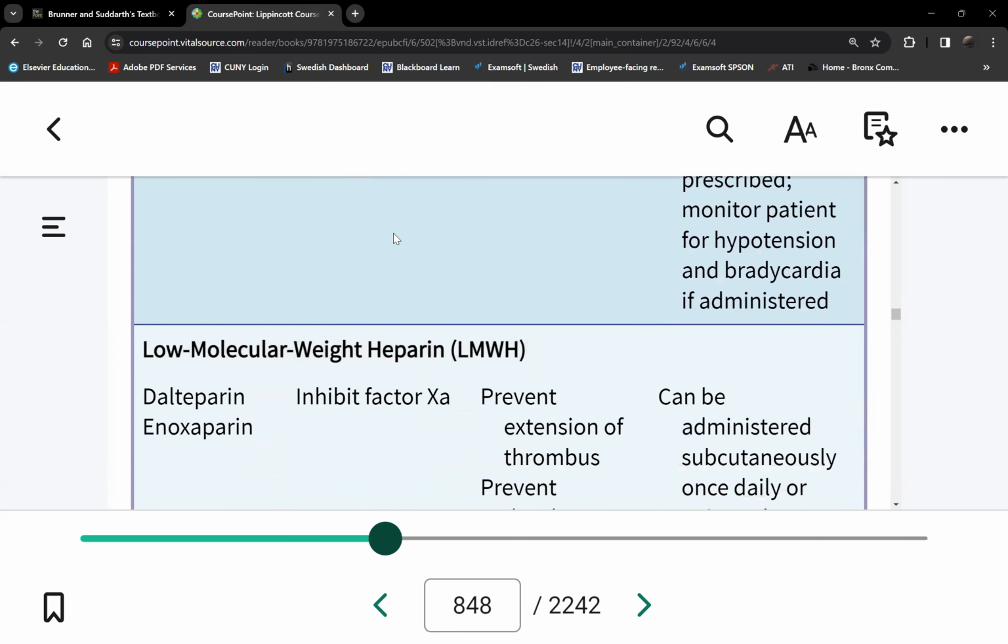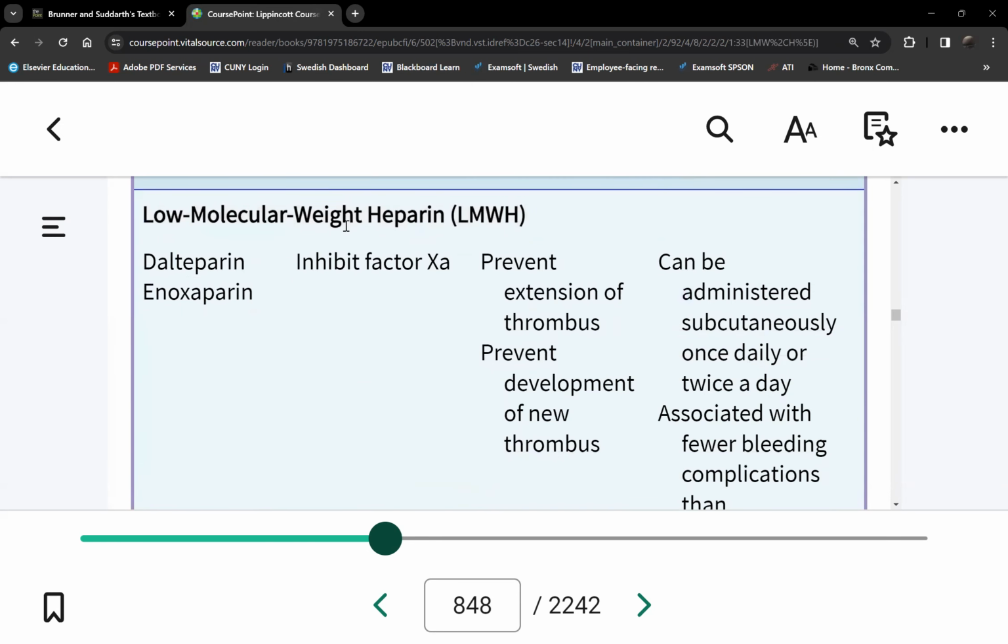Okay. All right. So this LMWH, low molecular weight heparin, is an option for which category of PE? Is that massive? Low risk. Okay, so this is for low risk. We can put a low risk PE on any low molecular weight heparin, enoxaparin, dalteparin. So you know these are subcutaneous injections.